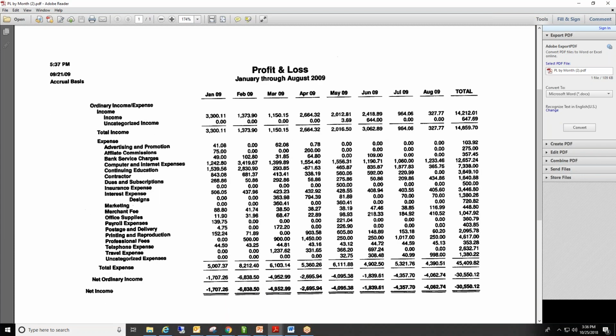I love this report. This is a profit and loss by month. My team knows that I call this a trend report. Why? Because this report allows us to spot trends. Trends if your income is going up, trends if your income is going down. It also allows on the expense area, if you have a brick and mortar office or shop, you're going to see rent, rent, rent, rent, and it's going to be the same amount across the board.